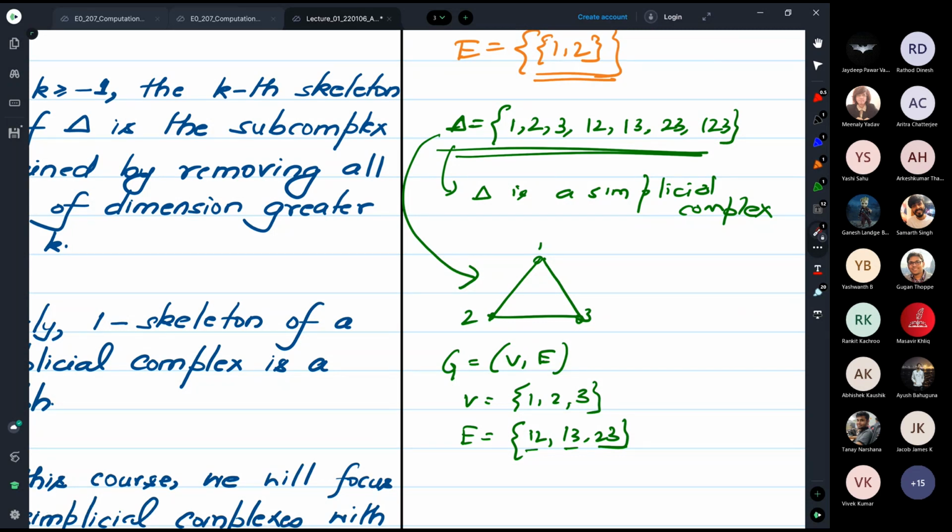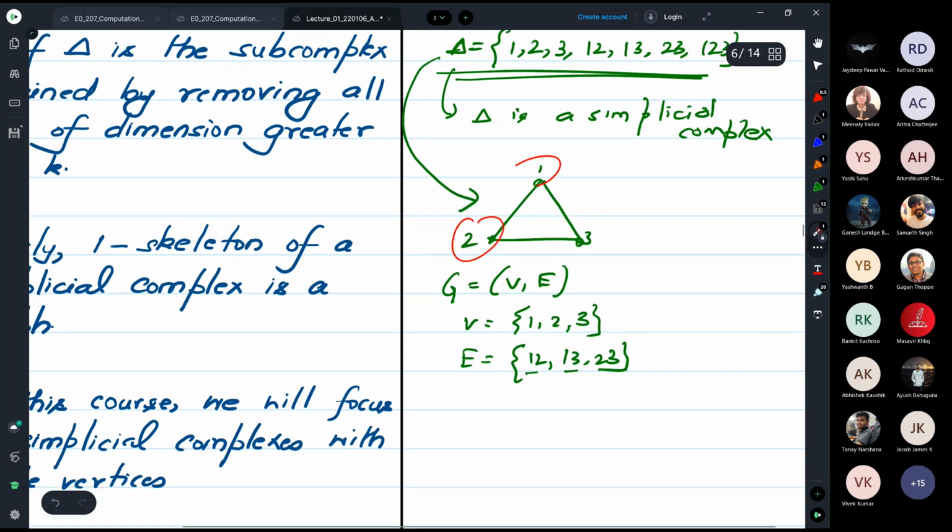Okay, so maybe I'll give you a physical example. Let's say 1, 2, and 3 represent scientists at IISc. I'll put an edge between 2 scientists if they have written a joint paper.